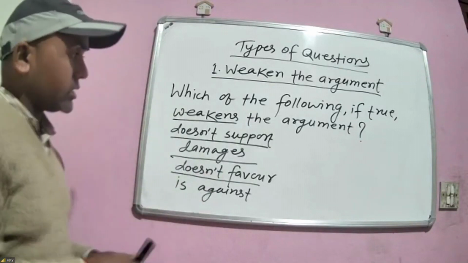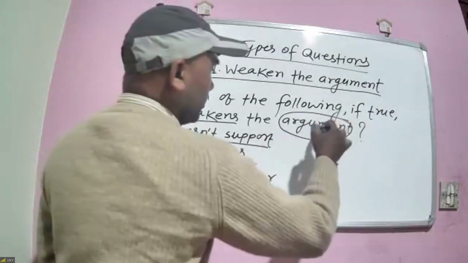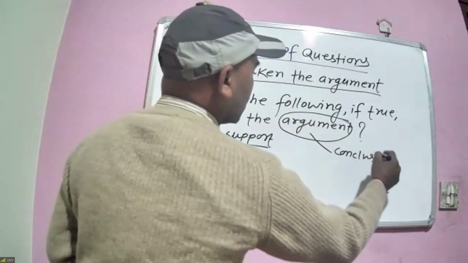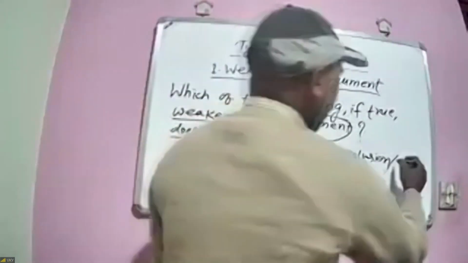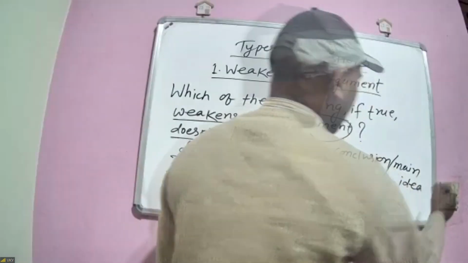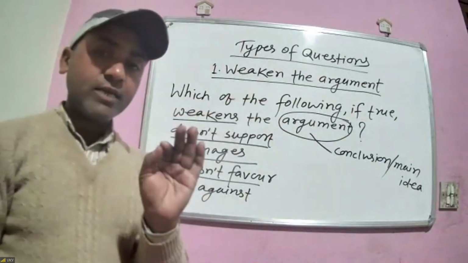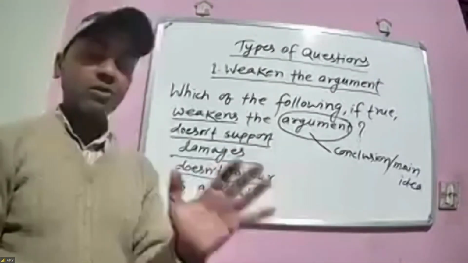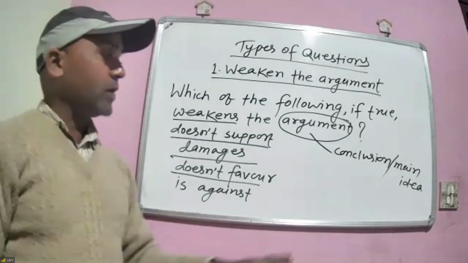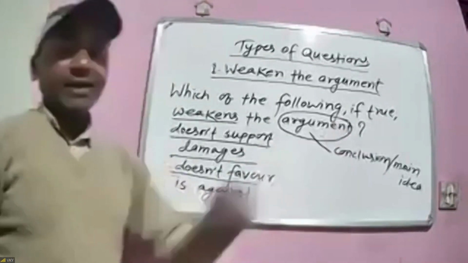So in the question, which word is given? Argument. Argument means conclusion. Argument means main idea. So when you read the text, whatever text you are given, you have to read it thoroughly, and then from the text you have to find the conclusion, the argument, the main idea.